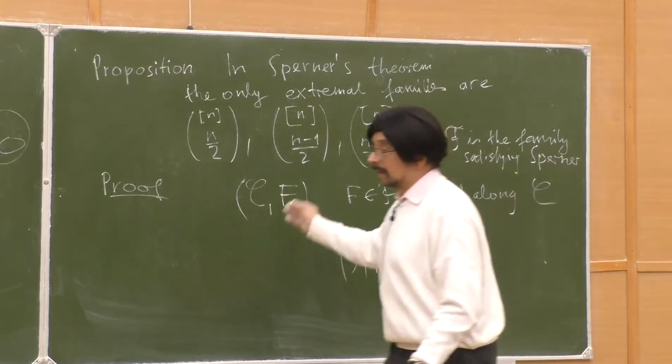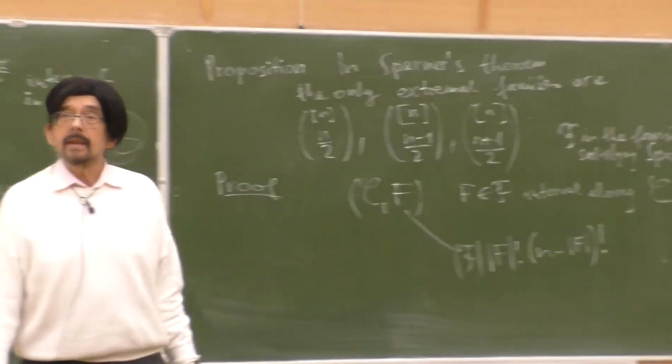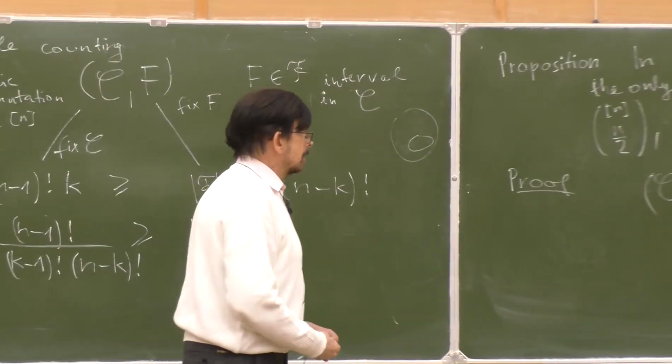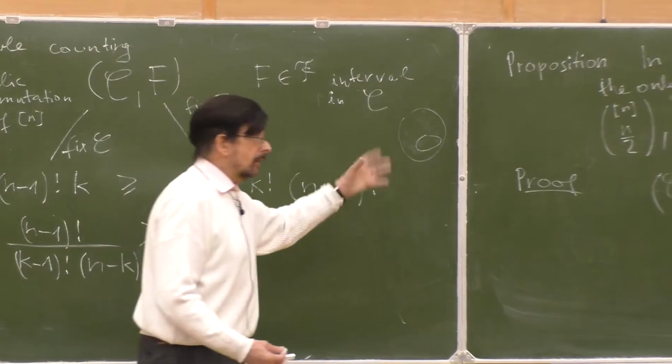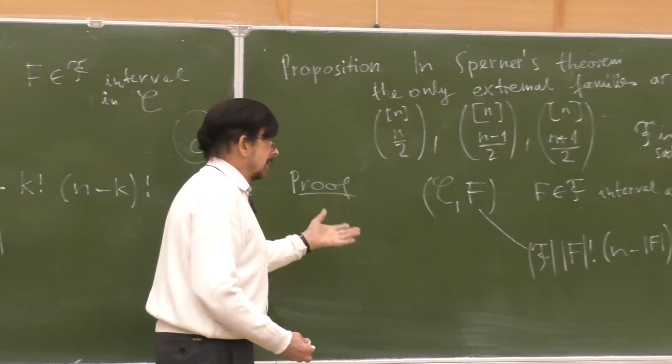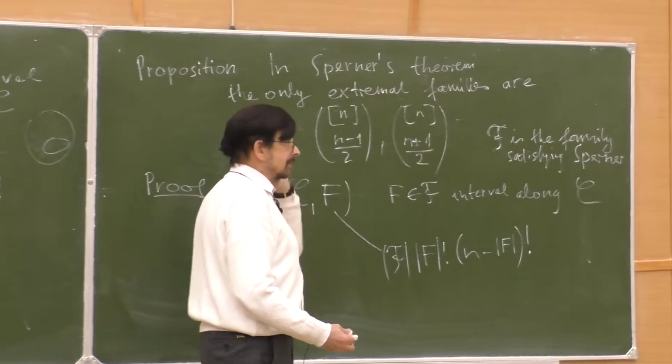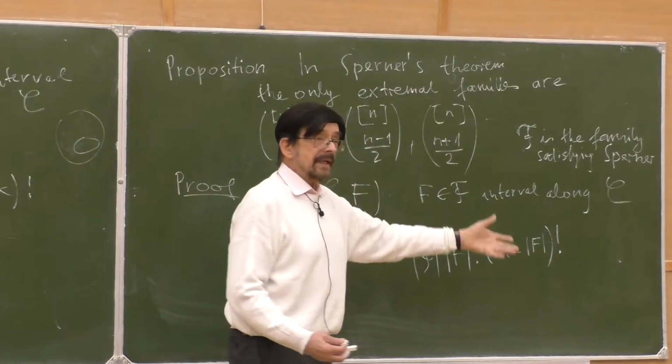So this is the number of pairs. So the same calculation works. So we fix the interval, and then we mix the elements within F and outside F.